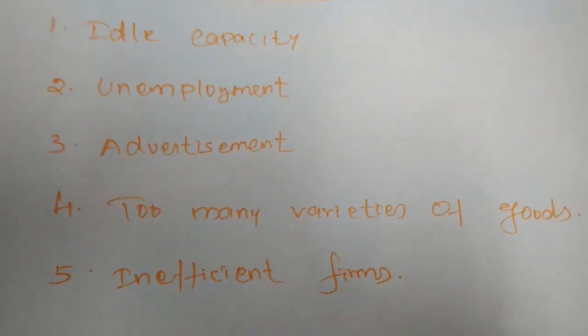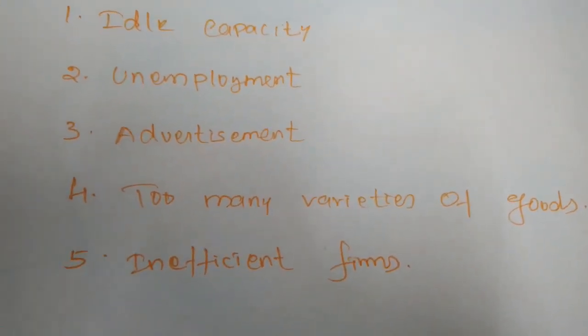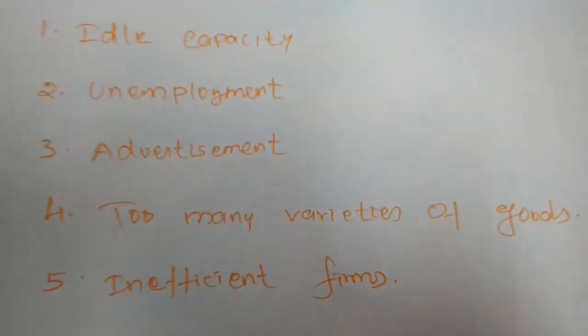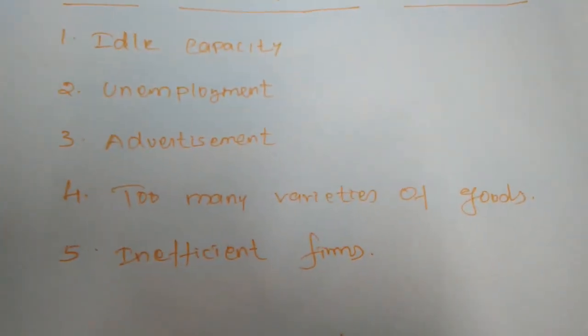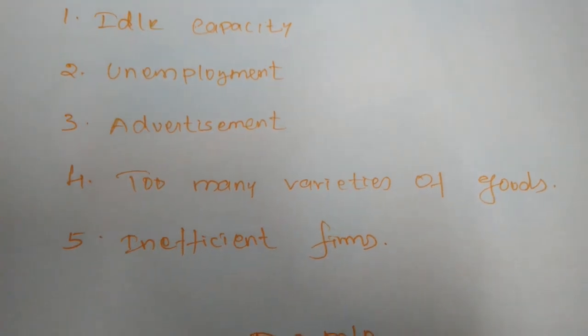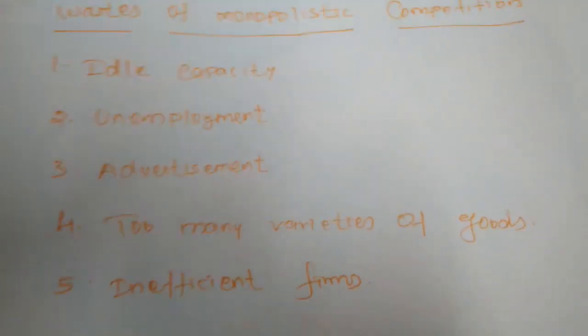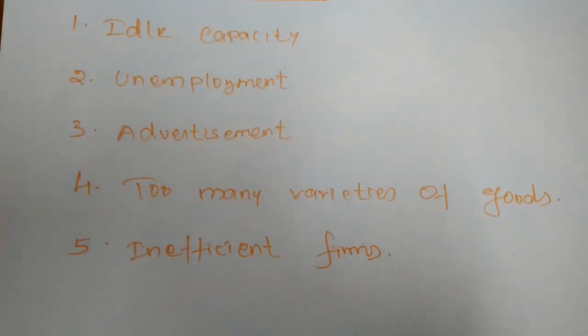By exaggerating the qualities, the firms overbill on the commodities. Sometimes the firm gives false information about the commodities. This is also one of the wastages of monopolistic competition.